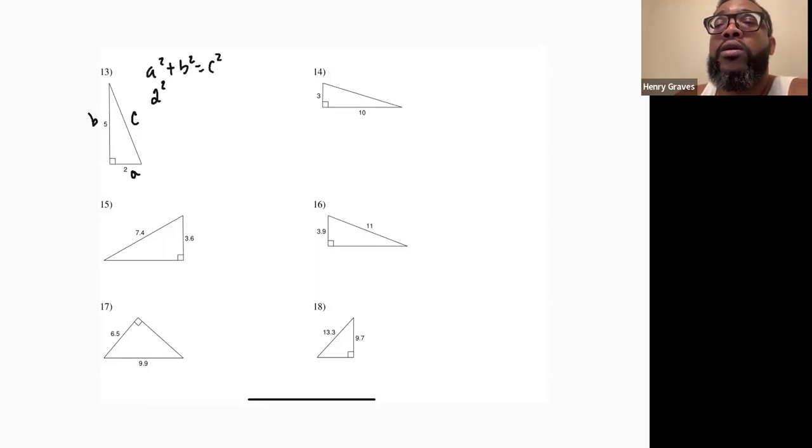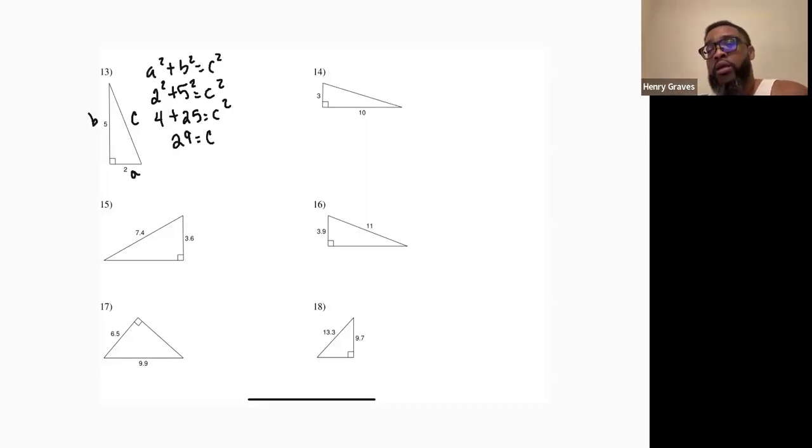That's 4 plus 25, and that means 29. And the square root of 29 is going to be my C. So calculator, tell me the answer. 5.4. There we go.